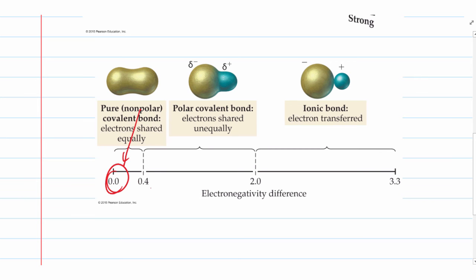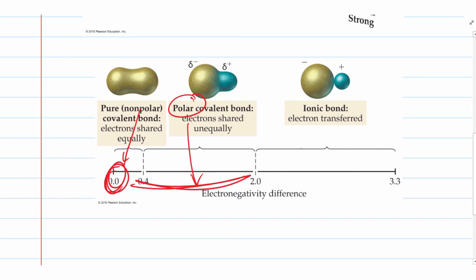So just for the sake of our argument, when it comes to our exams and when it comes to your homework, I've tried anyhow to make sure that it's very clear that if they're identical, then it is going to be a nonpolar bond. And then if it's going to be in this range right here, where there's a large difference, or a difference between them, then it's going to be a polar bond.